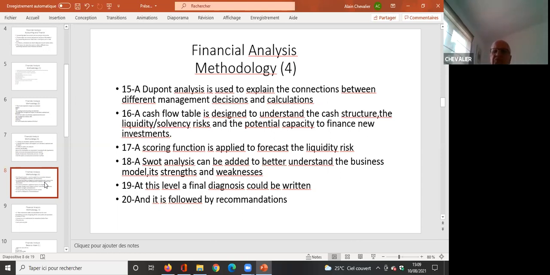And when you move from traditional financial analysis to valuation processes, M&A, you will need cash flow tables.